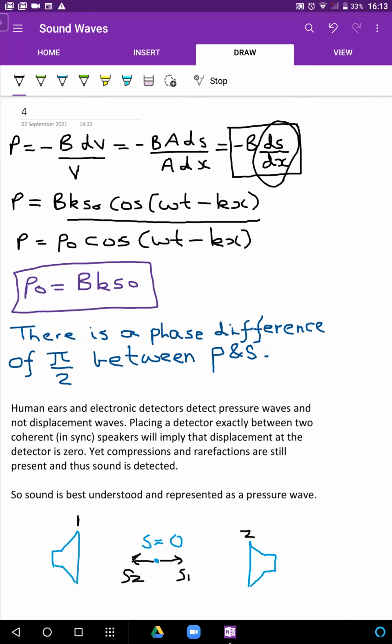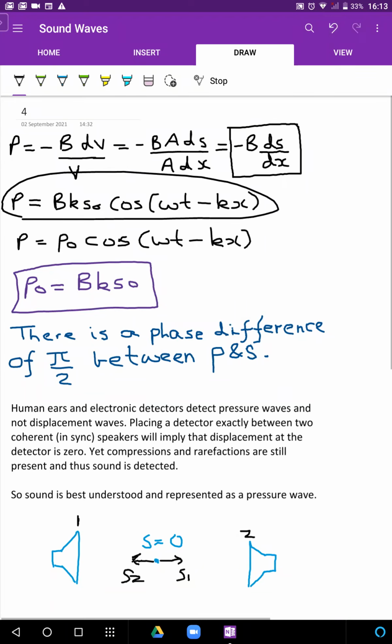There was a minus sign, and when you multiply by minus B, the minus sign goes away. So our pressure equation becomes B k s naught cos(omega t minus kx). This entire thing becomes our pressure amplitude, so p naught is our pressure amplitude.